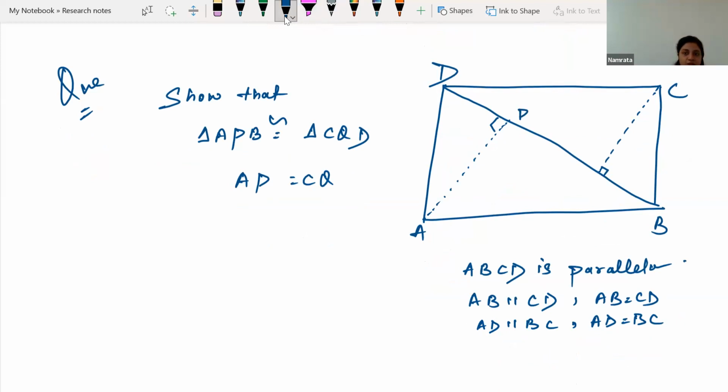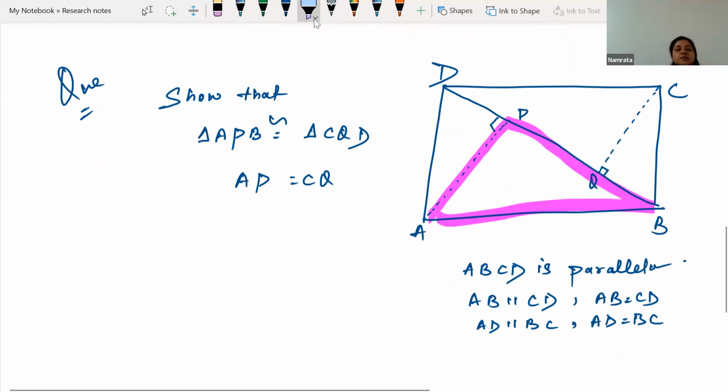This is P and this is Q. So we have to prove triangle APB, this triangle, and triangle CQD are congruent with each other. Now let's see which congruency criteria will get fulfilled over here and what information we have in hand.